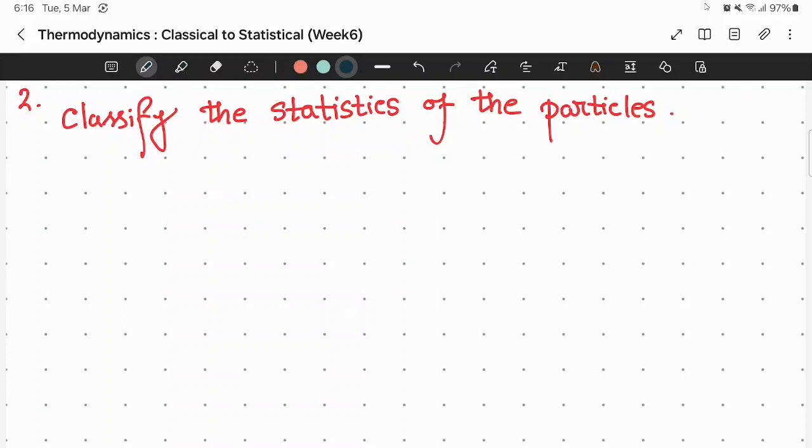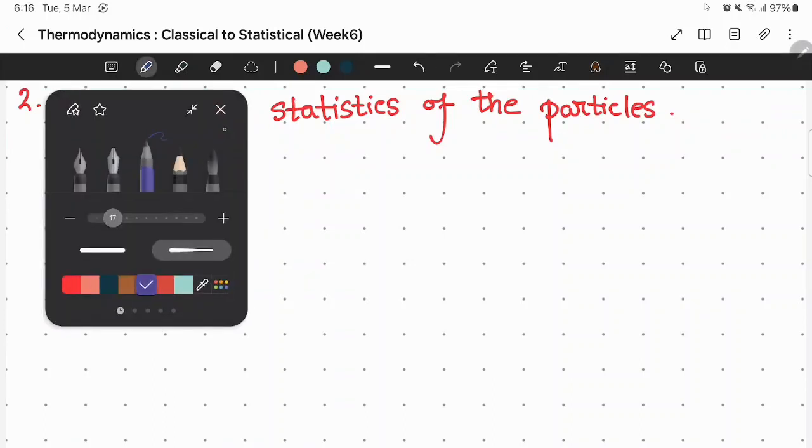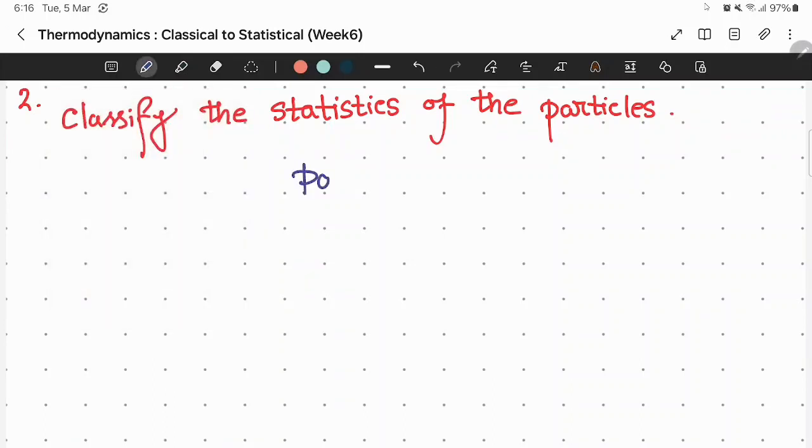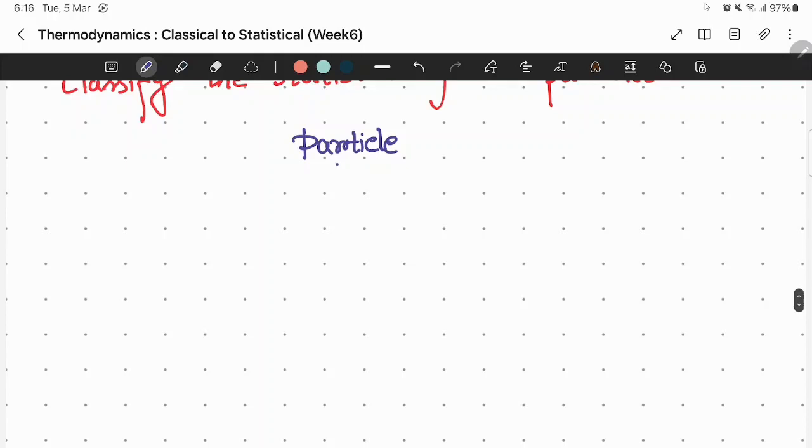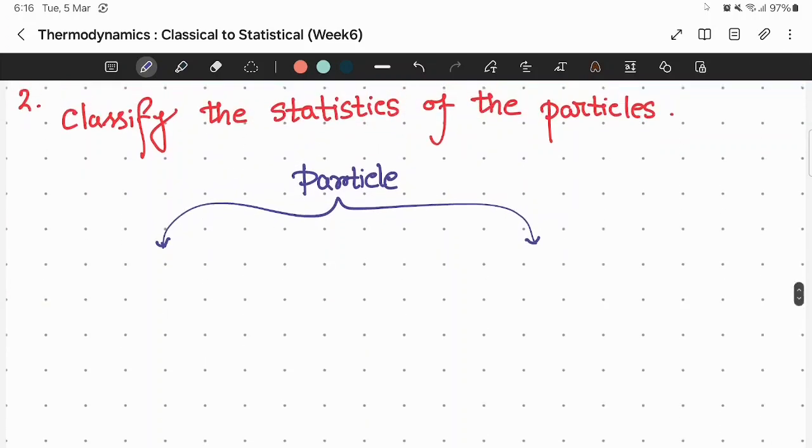First we have to understand the types of particles. I have formulated this question because it will be beneficial for the next questions. It is important to know.